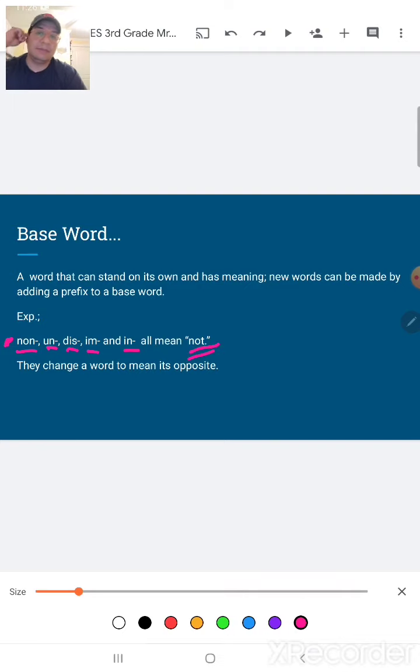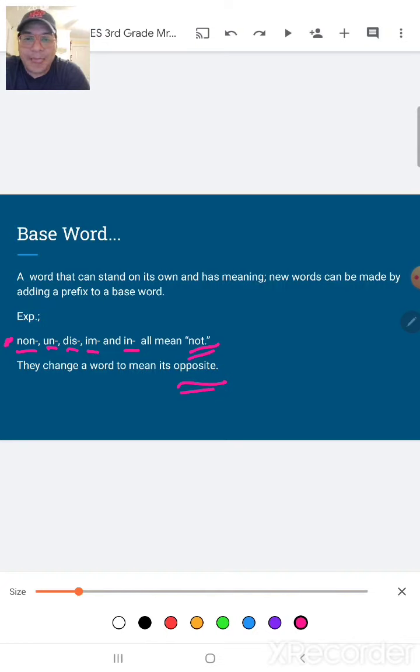So every time you see that in front of a word, that prefix means not or no, right? You can change a word to mean the opposite. For example, these words right here mean the opposite, right? So we use unhappy. We know that happy is to feel joy, right? So when you add un, which means not, it becomes not happy. So now it's a new word, meaning not being happy, right?